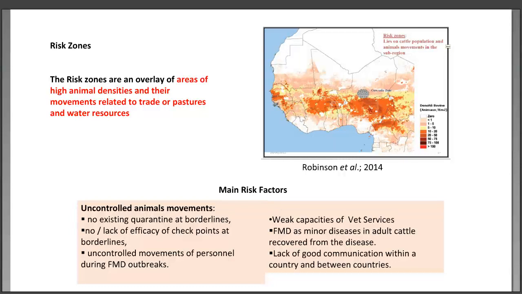Also, the disease is basically ravaging animals, and the Fulanis are helpless, but we are not really providing solutions to them. And also there is a lack of good communication within the countries of the region.